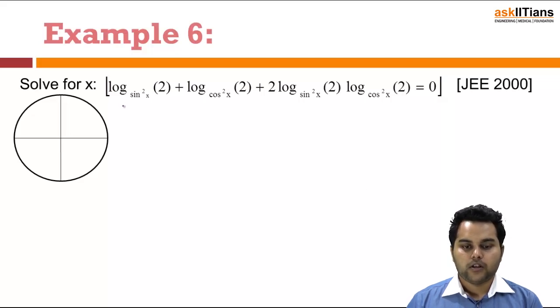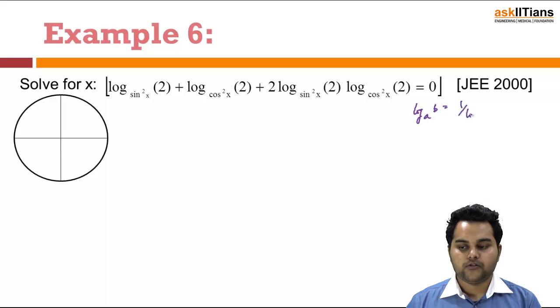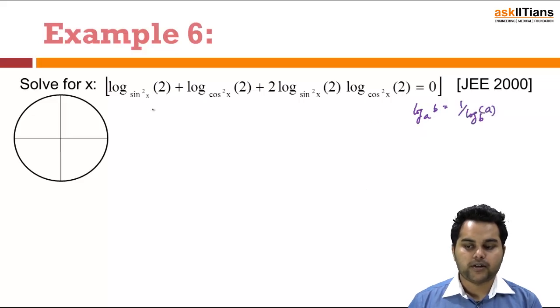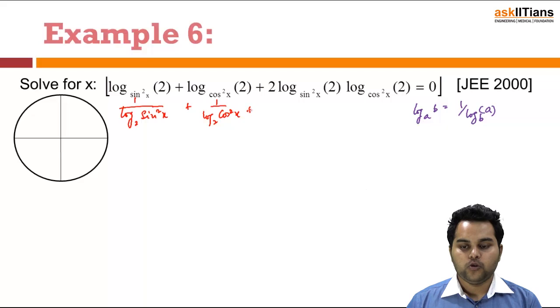Now see, there's one property, that is log base a of b can be written as 1 by log base b of a. So I'll apply that property here. I'll get 1 over log base 2 of sine square x plus 1 over log base 2 of cos square x plus 2 over log base 2 of sine square x into log base 2 of cos square x is equal to 0.